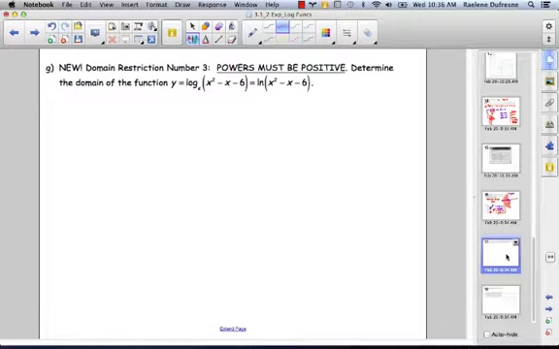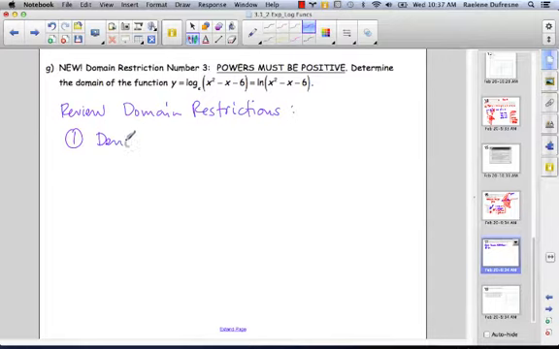Let's take a look then at our new domain restriction number 3. But before we do, let's just review our domain restrictions so far. Number 1 said denominators cannot be 0.